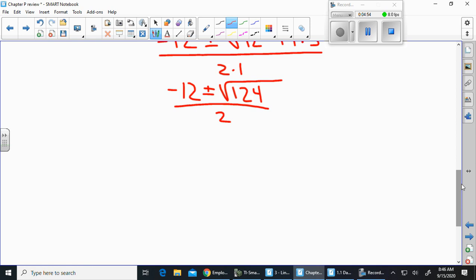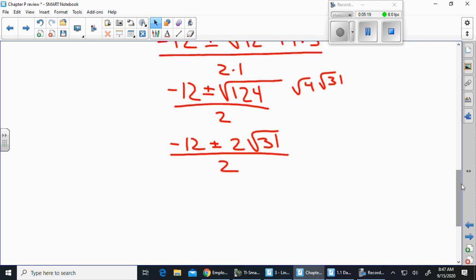What goes into 124 is probably 16. 124 divided by 16, no. 124 divided by 4, 31. So negative 12, this is radical 4 and 31. So I'd have 2 radical 31 over 2.